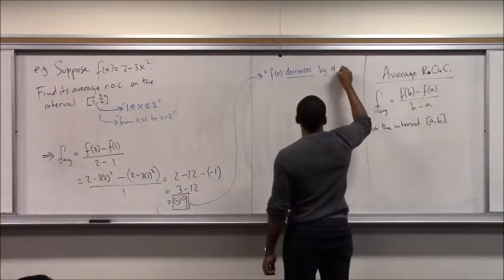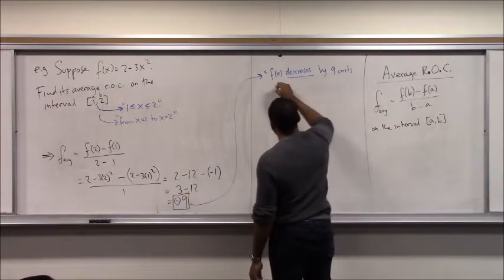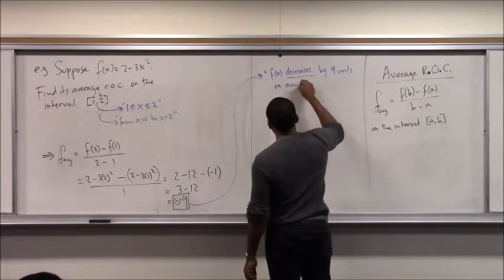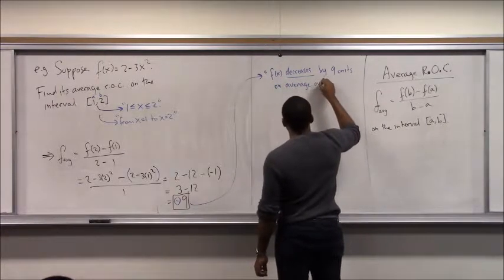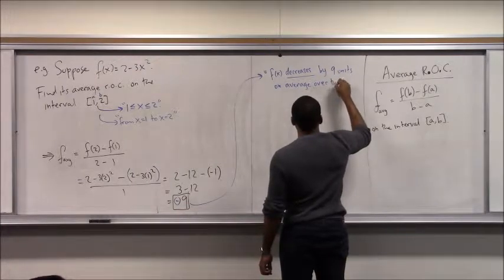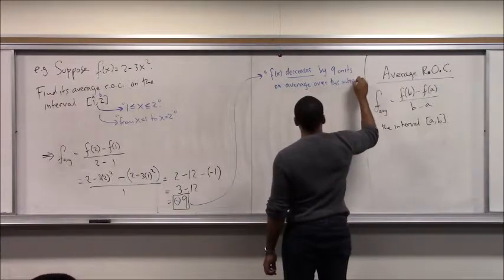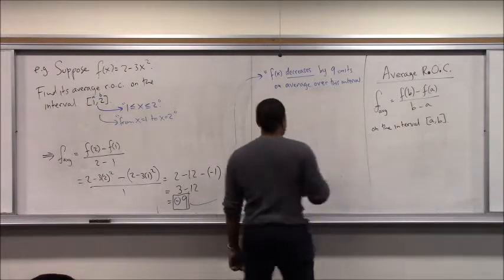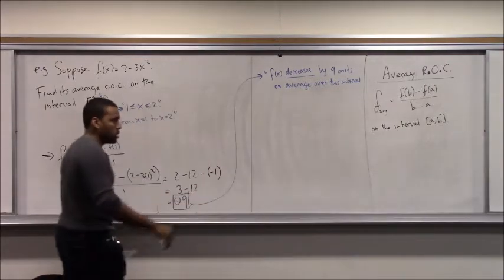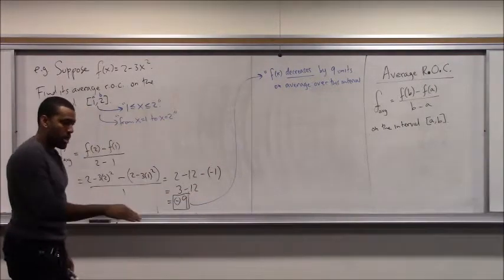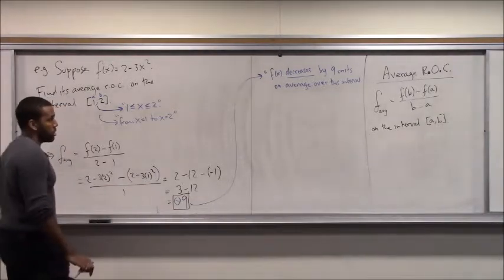By 9 units on average over this interval. So every time the x unit moves 1, the y value will drop by 9. That's how you want to think of this.